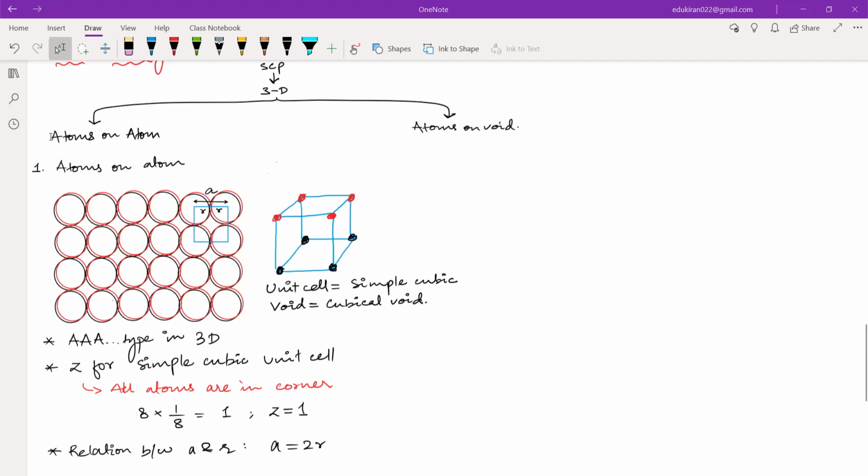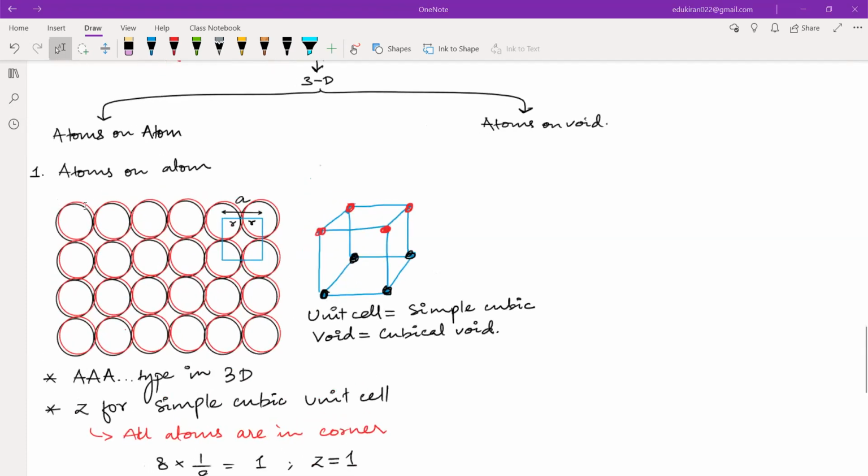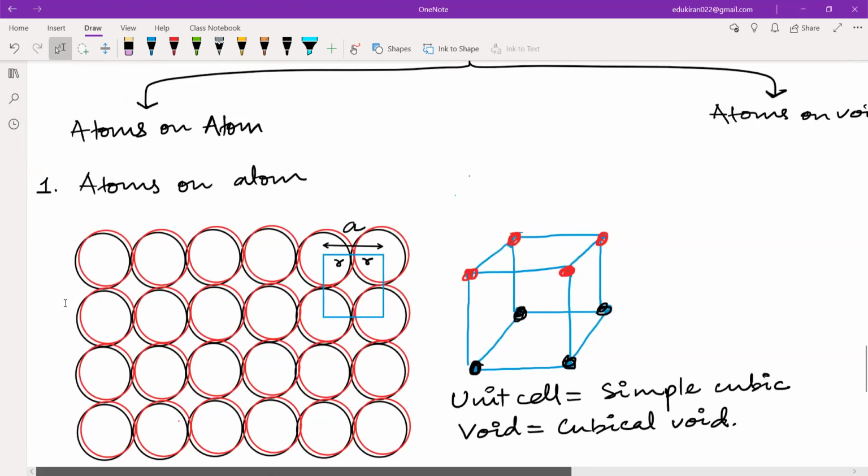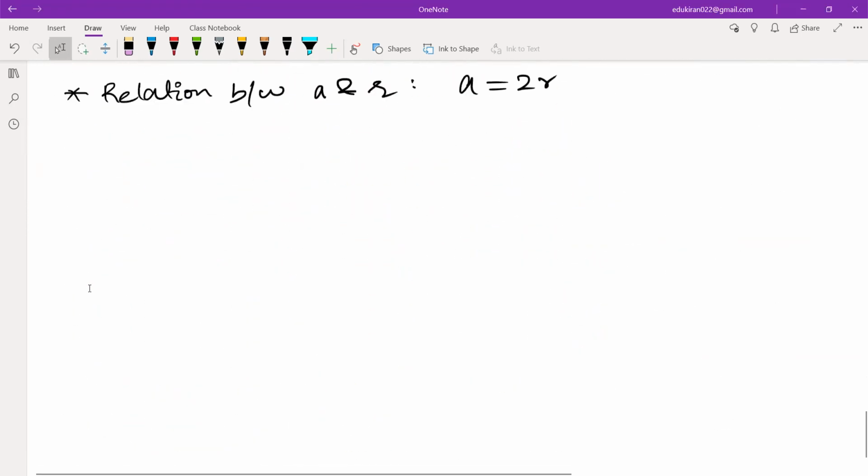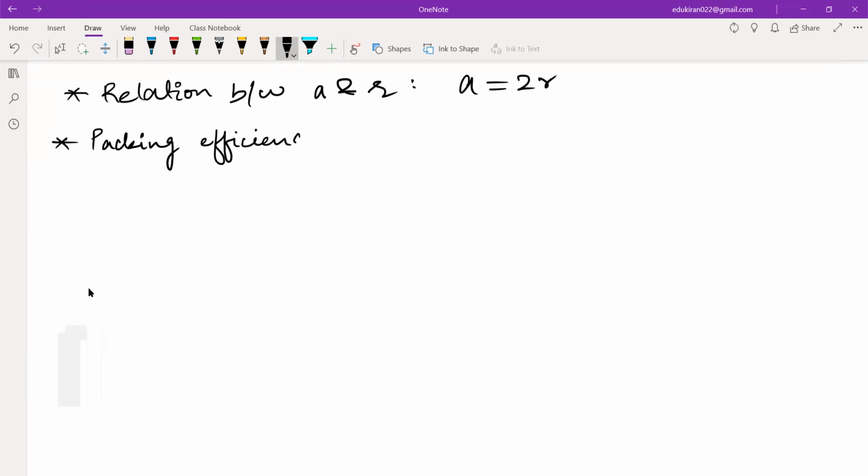Okay. Now, moving towards the packing efficiency. Packing efficiency of simple cubic.